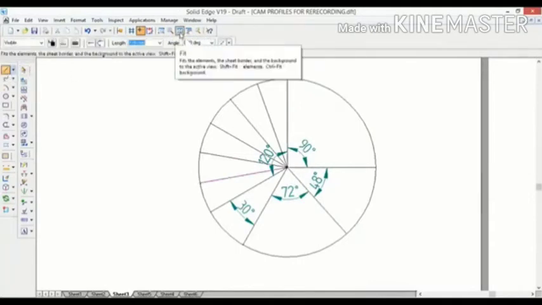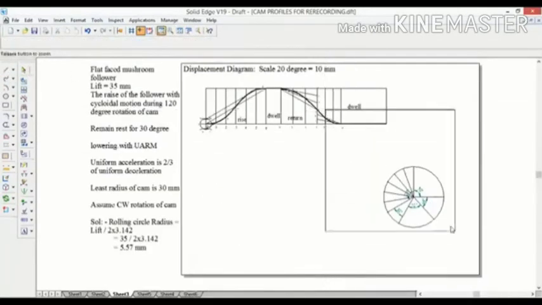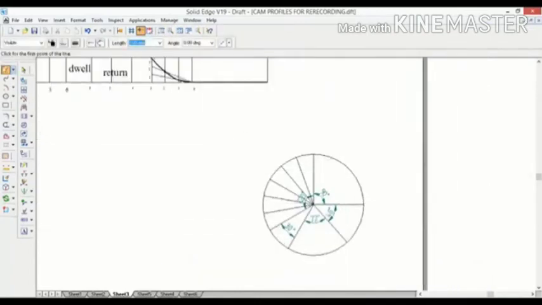Extend these lines, produce parallel to that. Anyhow, the cam profile is coming on this line, so we need to produce.